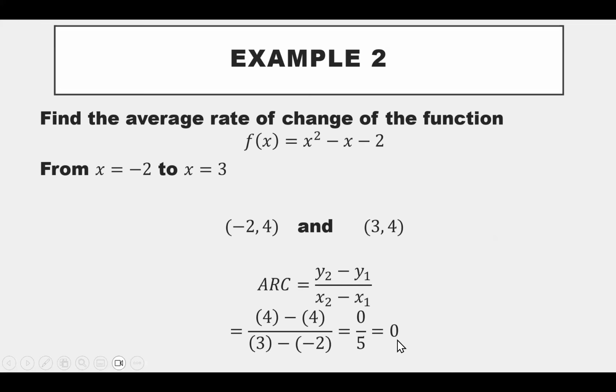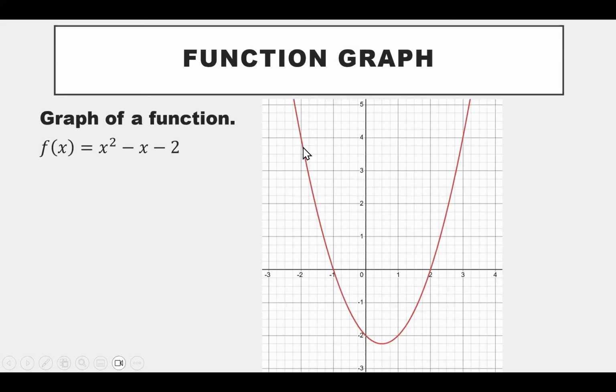We can see that on this graph because -2, 4 is this point here, 3, 4 is this point here. Obviously, our function decreases for a while and then increases, but the amount of decrease and the amount of increase cancel each other out, and the actual change in the function on average is 0.